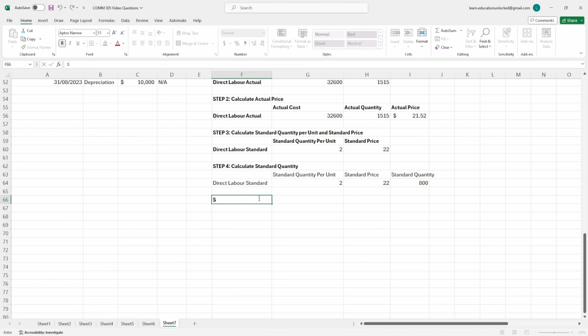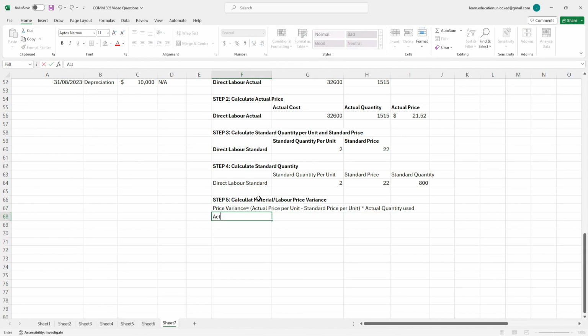So this brings us to step 5, to calculate our labor price variance. So price variance, once again, I'll redo the formula just so it's clear. And this might be something that you guys have to remember for your final exam. So standard price per unit times actual quantity used.